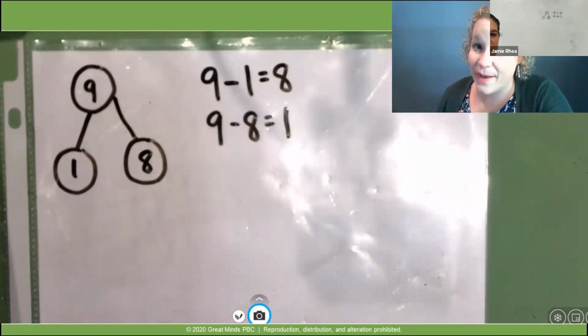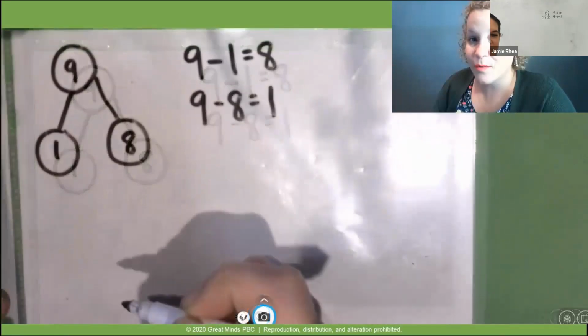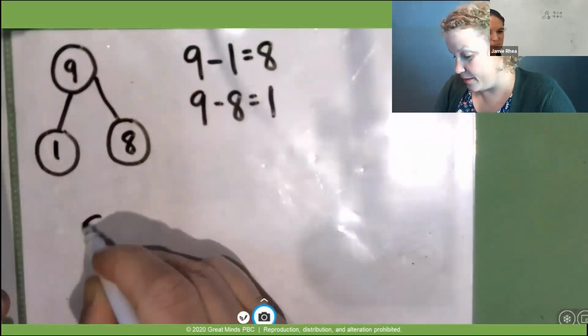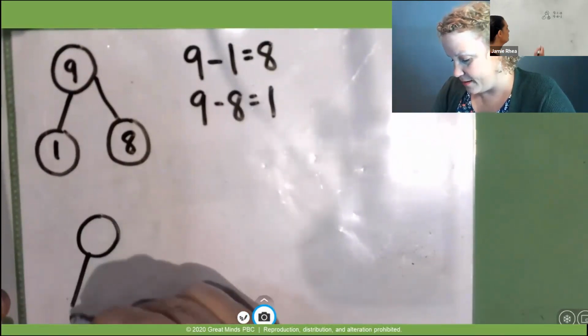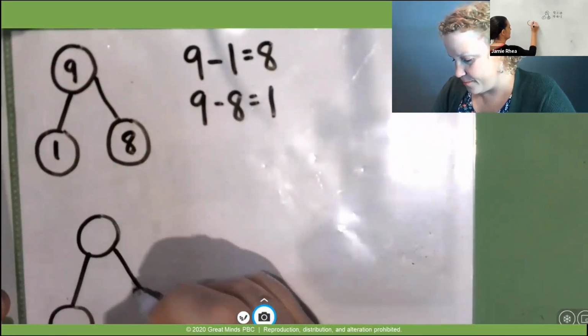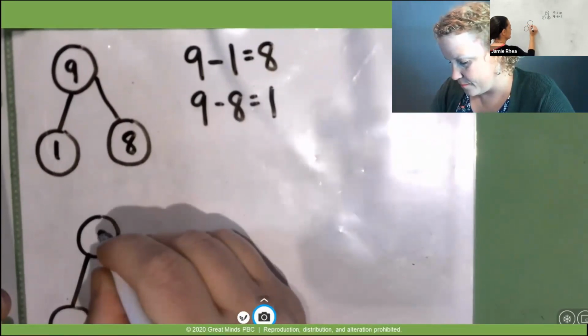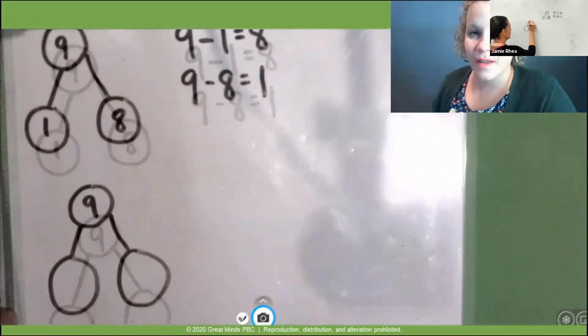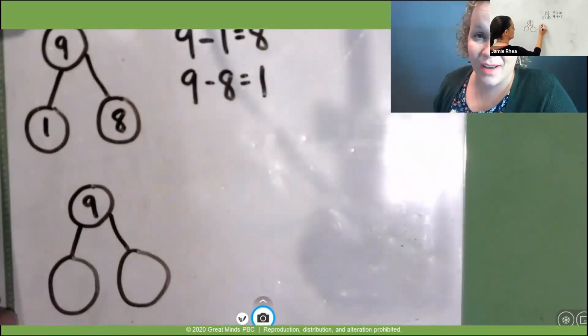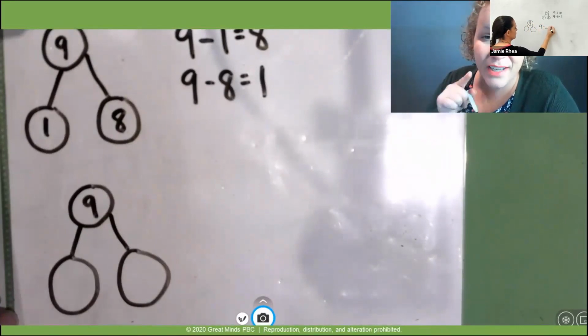You'll probably need the back side of this personal whiteboard, or you can grab extra pieces of paper and that's fine as well. So I'm going to set up my next number bond where 9 is the total. I'll be working on these number bonds as well. And when you're finished and you're ready to push play, come on back and we'll compare.